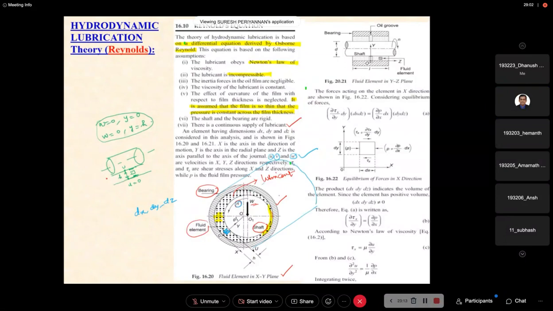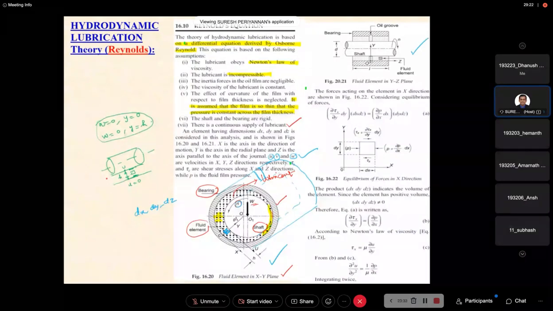In the yz plane there is the oil hole for continuous supply of oil through this hole. Now come to this yz plane.